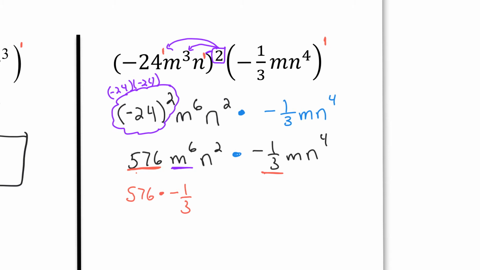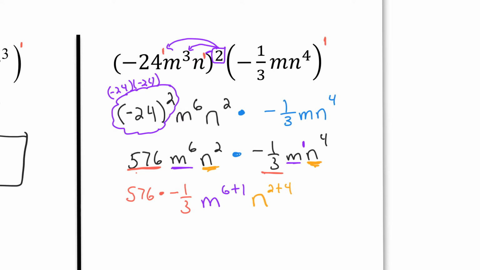M is the variable. So we have m, and there's an m over here with an exponent of 1. Since you're multiplying m to the 6th times m to the 1st power, you're going to add the exponents, 6 plus 1. And the next one is n, so you put the n squared times n to the 4th power, and that's going to be 2 plus 4. You guys add the exponents.